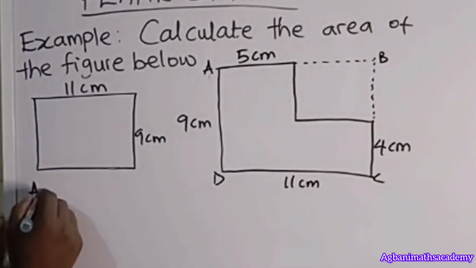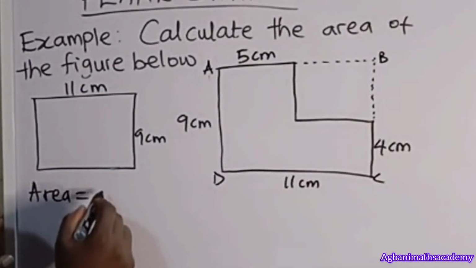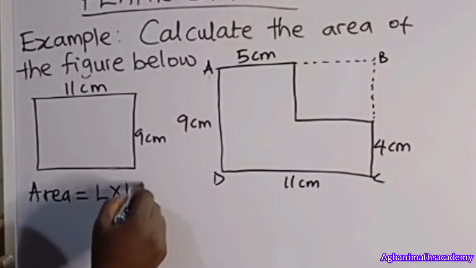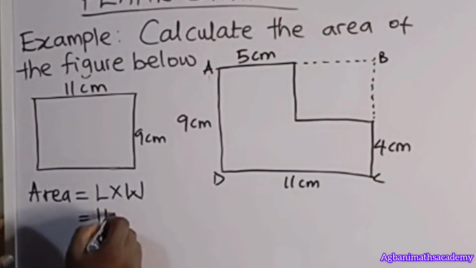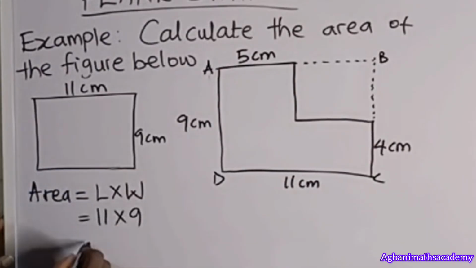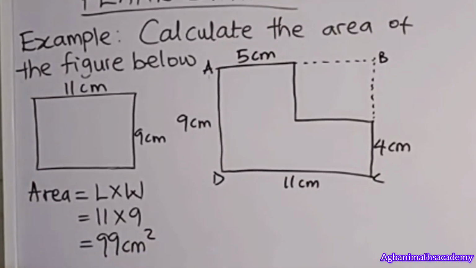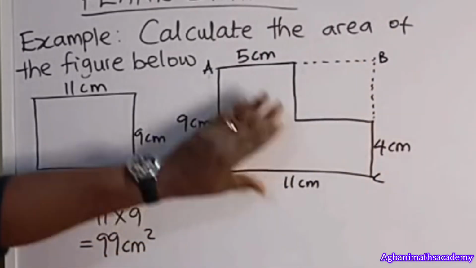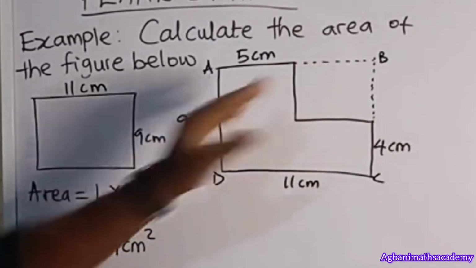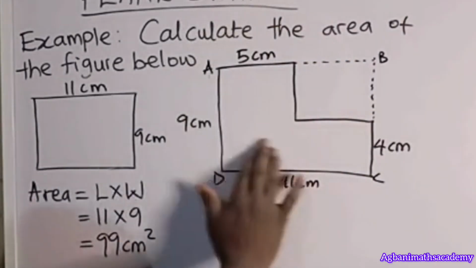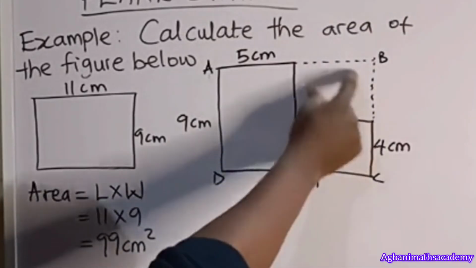So we can calculate the area of this big rectangle. Area is equal to length multiplied by width. The length is 11 multiplied by the width 9. So the area is 99 centimeter squared. So we have been able to calculate the area of this big rectangle. For us to get the area of this side, we need to subtract this portion.